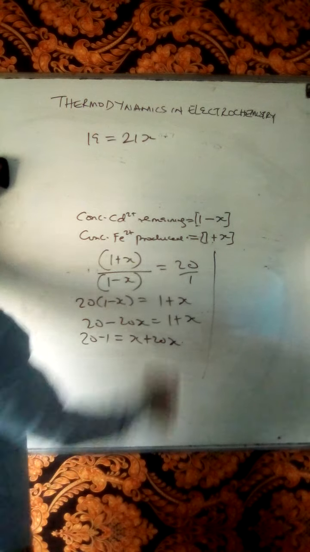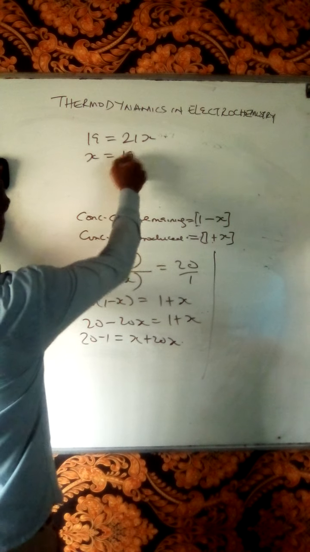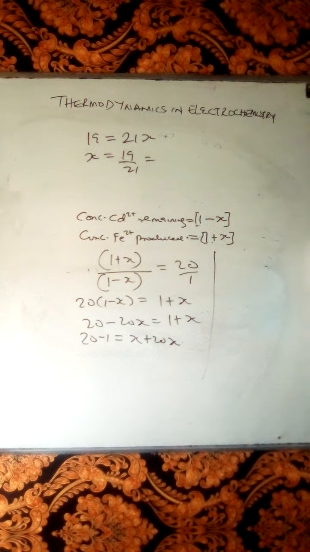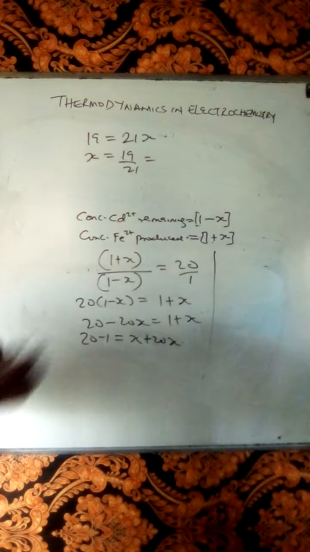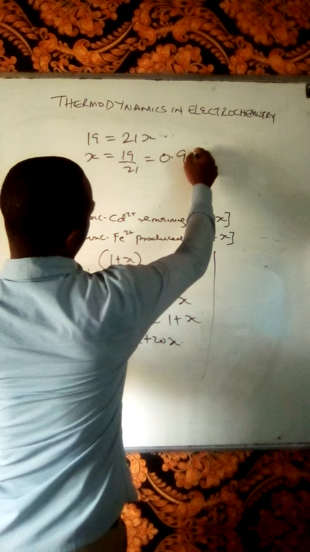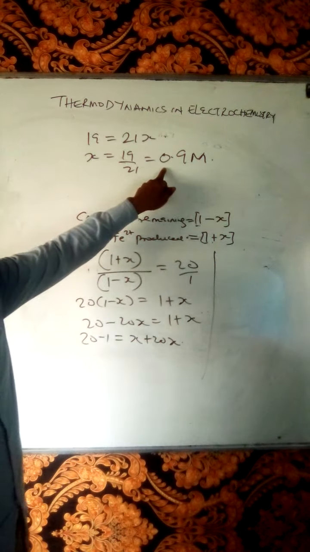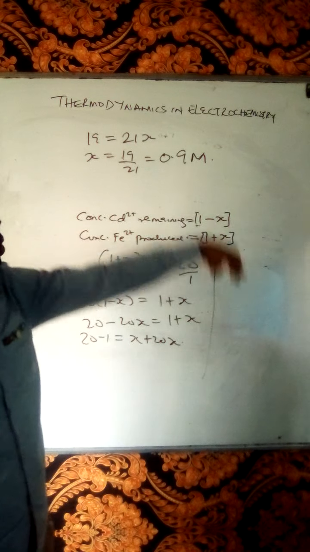Making S the subject, S becomes 19 over 21. So when we divide this, we are going to have 0.9 mole per dm cube. So this represents the amount of cadmium converted to the product and also the amount of iron 2 produced.